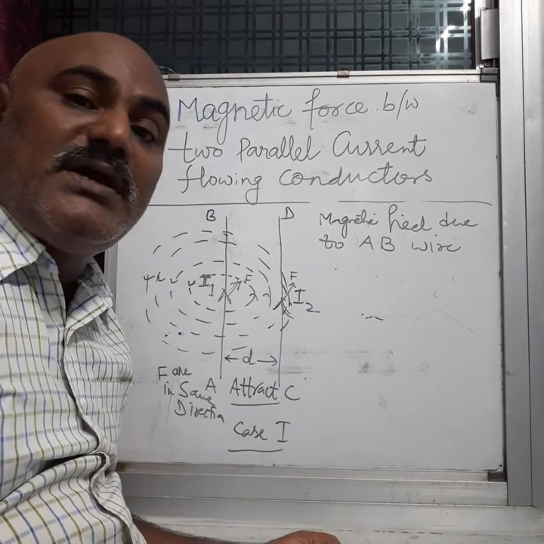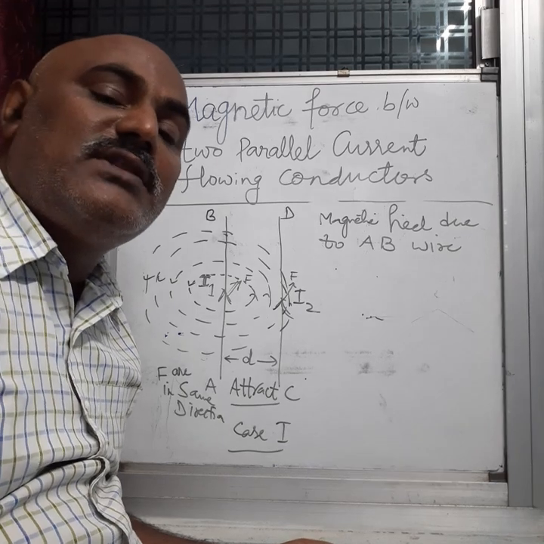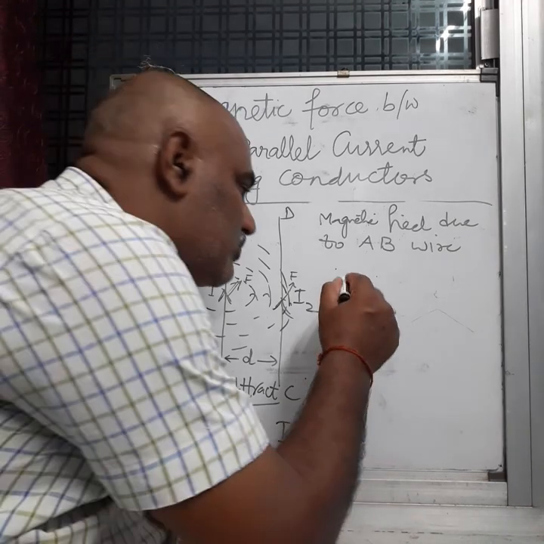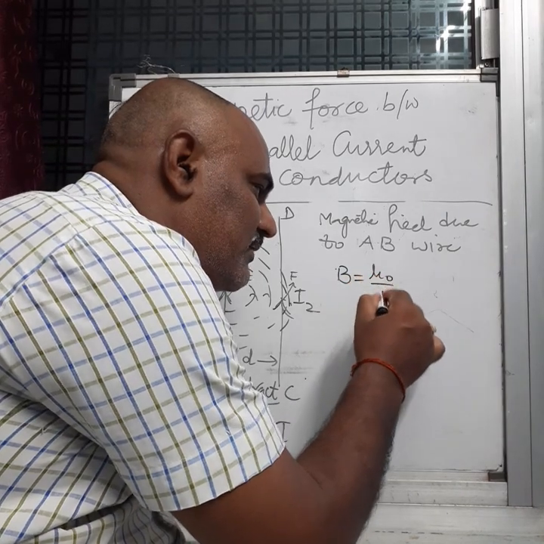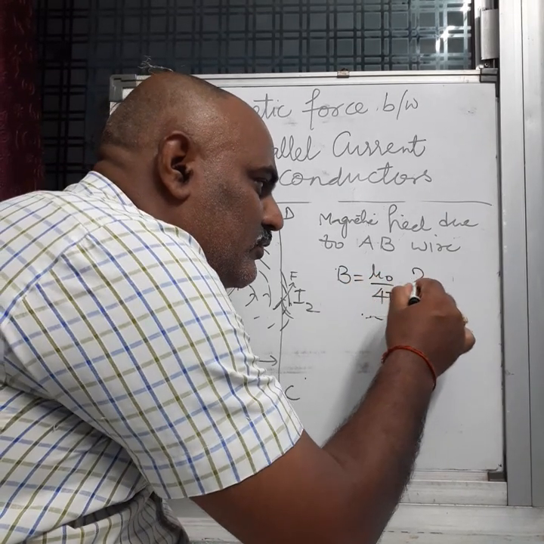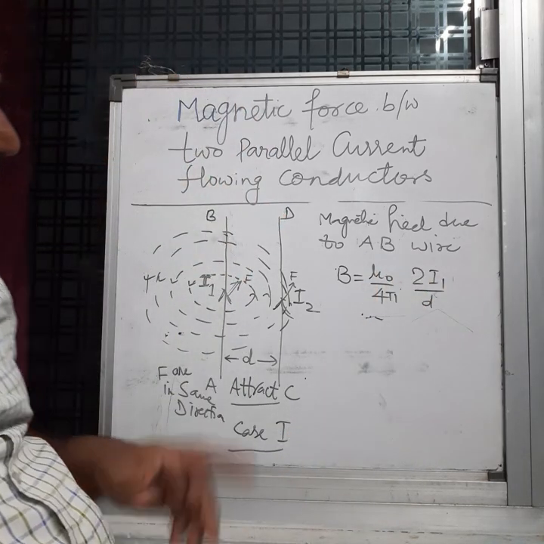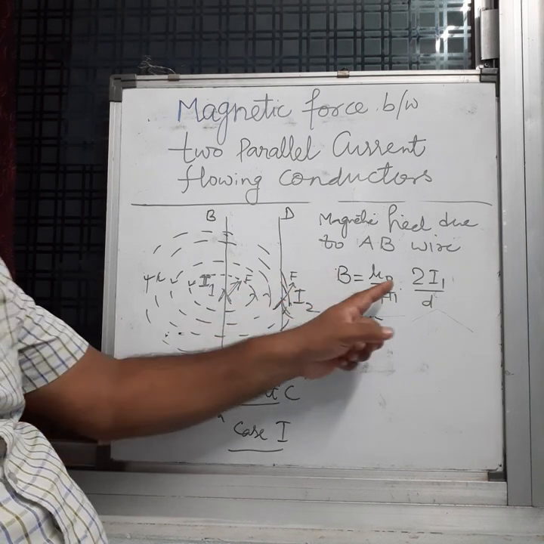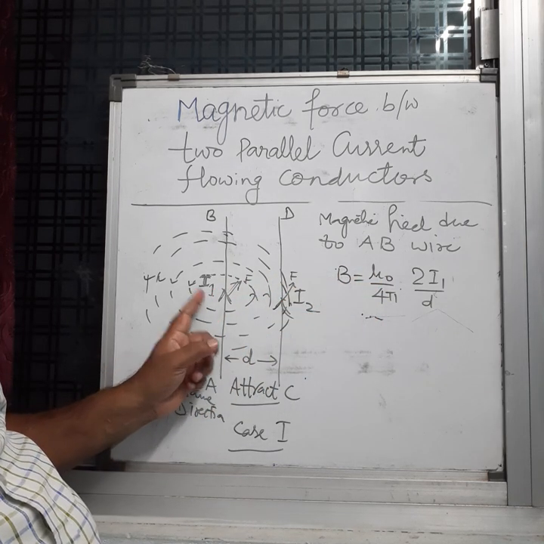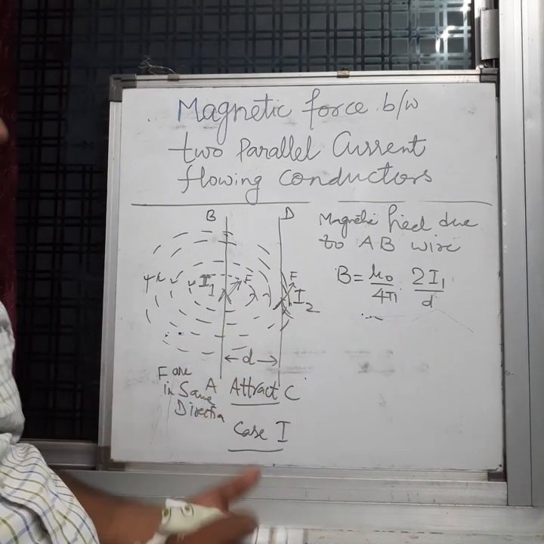You read in Ampere's law, and one application of Ampere's law is to find the magnetic field of a straight wire. So the formula is B equal to mu 0 upon 4 pi into 2I1 upon D. See very carefully. Here B is the magnetic field due to this. In 2I1, I1 is the current flowing in the wire and D is the distance up to here.